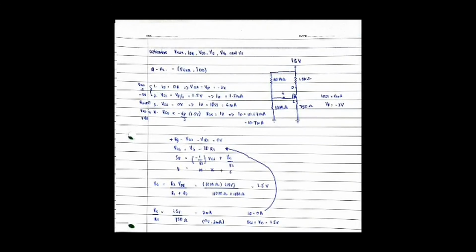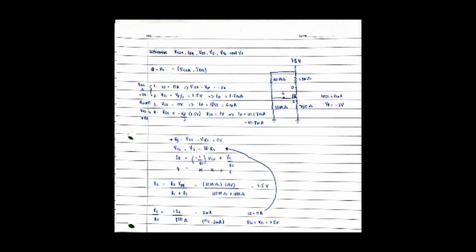Here is question 3. It is to determine VGSQ, IDQ, VDS, VD, VG and VS. Given IDSS equal to 6 milliampere and VP equal to negative 3 volt.